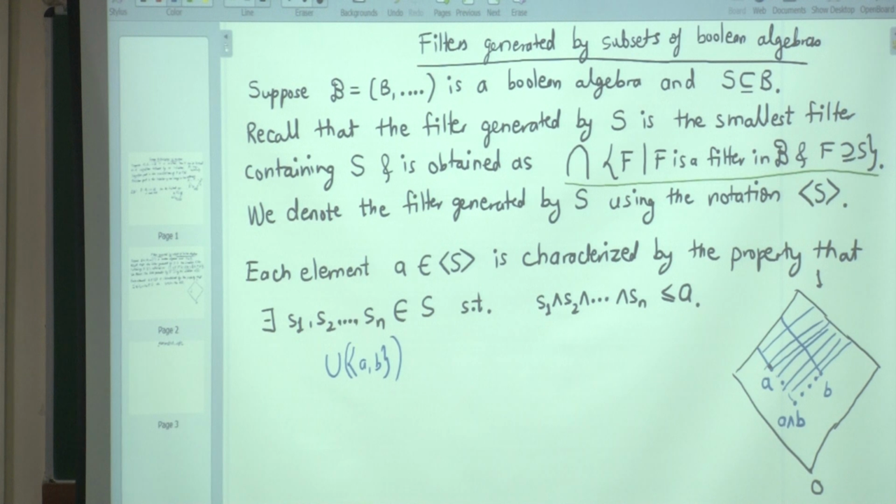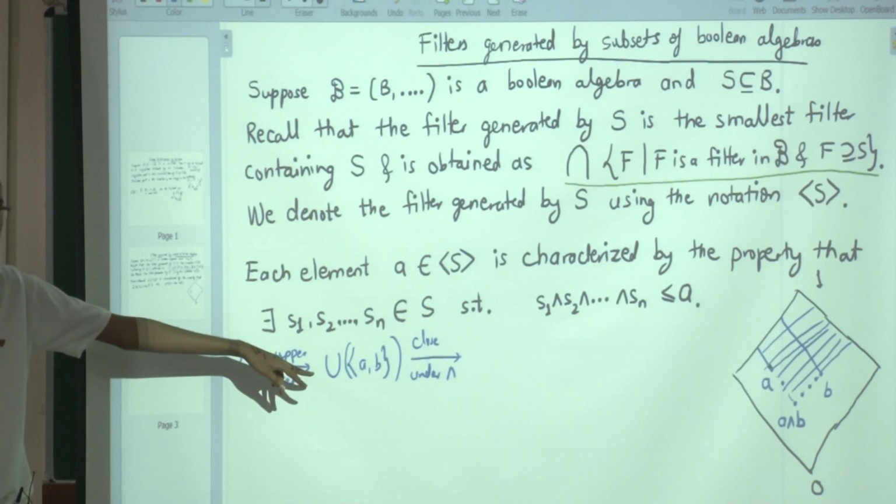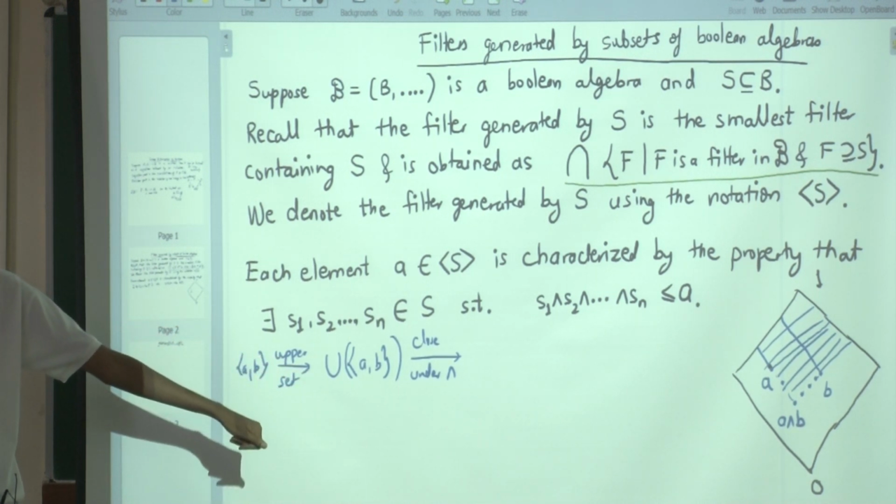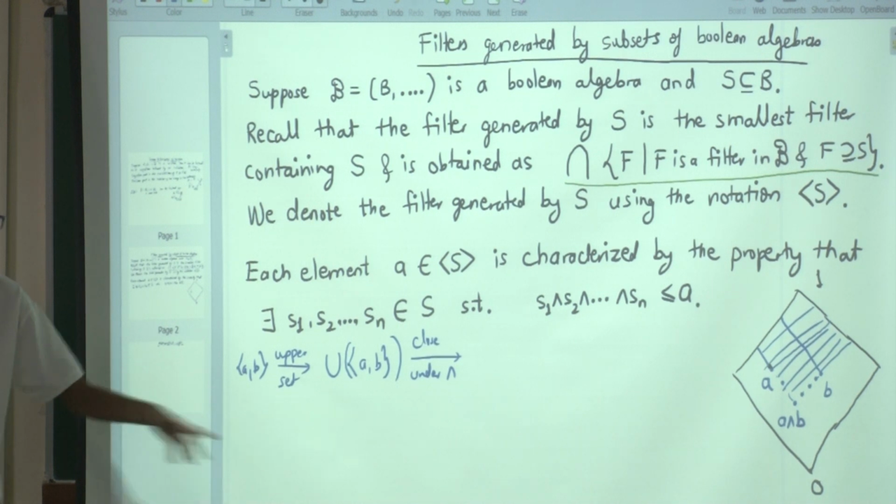So we started with A and B, we said take upper set, then we said close under meets, then what should we say further? Once we have closed under meets, should we say close under upper sets?